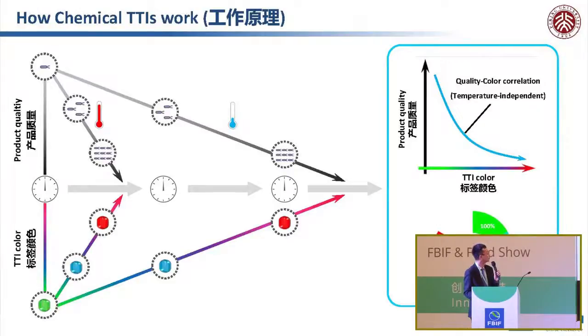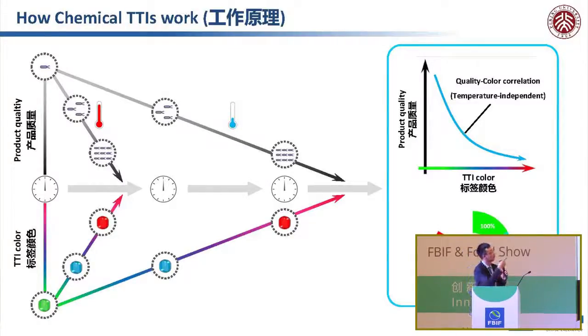And when the temperature goes higher, we know the bacteria grow faster and shorten the shelf life. The magical thing about the chemical TTI is that it can also respond to temperature changes. If the temperature goes higher, the chemical reaction in the tag also gets accelerated. So now in this configuration, you can see the correlation between the product quality and the color of the TTI is also the same.